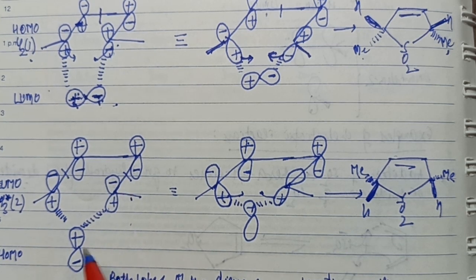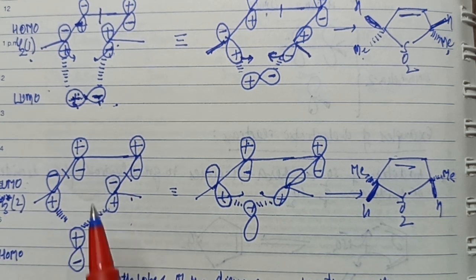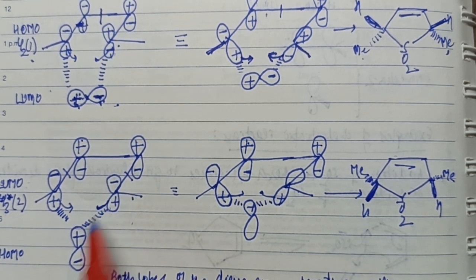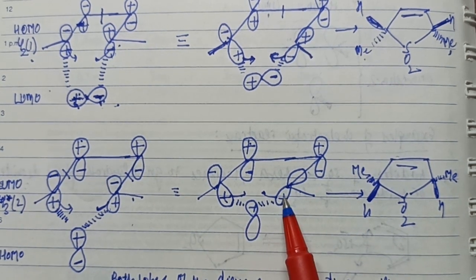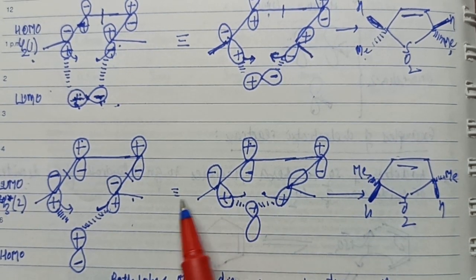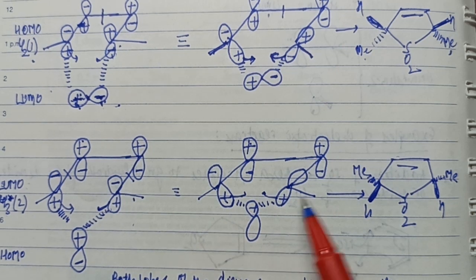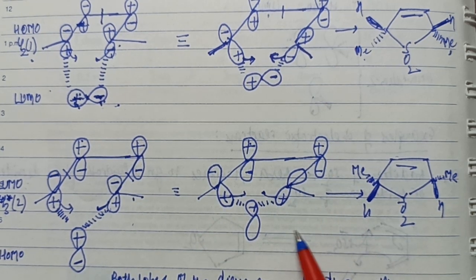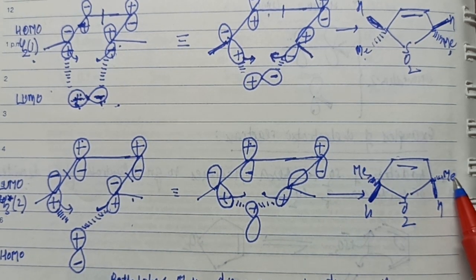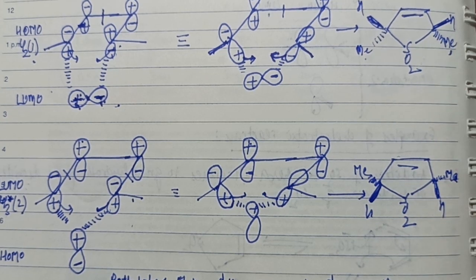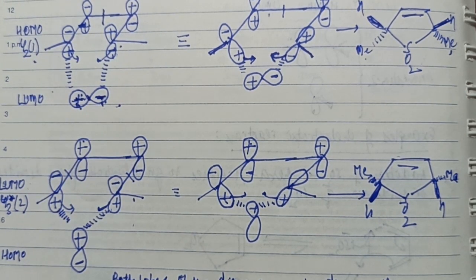Moreover, while bonding, as you can see, this lobe and this lobe are closing in. Since these two lobes are closing in, as I've depicted here also, this methyl substituent will go down, this methyl substituent will go down. That means in the product both methyls will be going down, and this is the same result which we expectedly have observed in the case of the HOMO of the diene and LUMO of the dienophile.